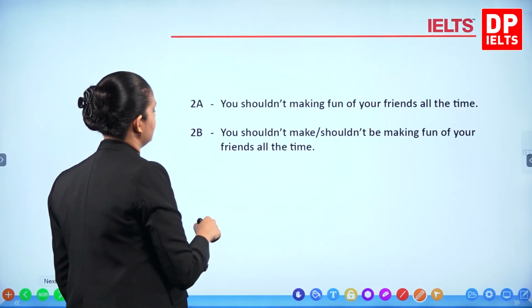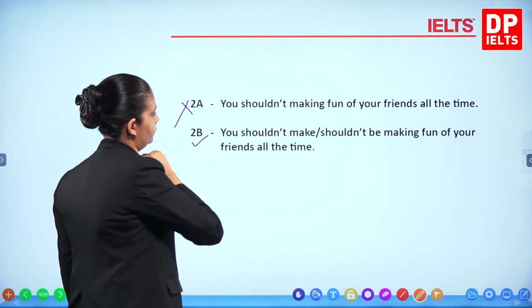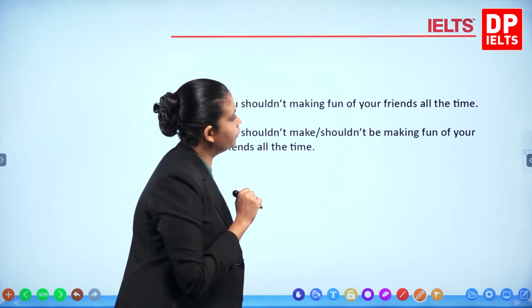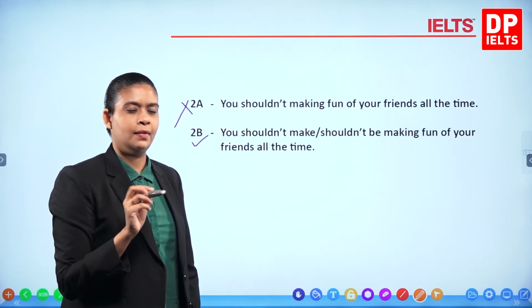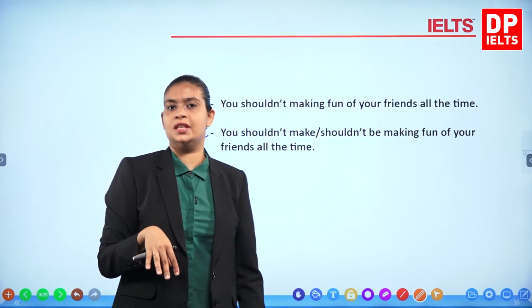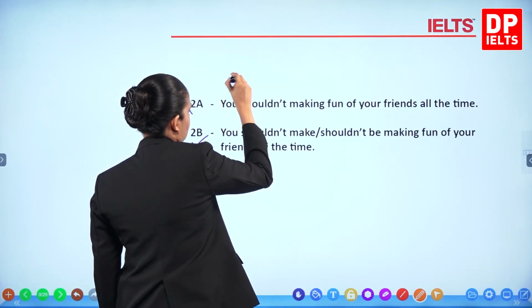Let's have a look at the second one. Why is this correct? Why is this wrong? You shouldn't making fun of your friends all the time. Now this is like the present participle. If you're using the present participle, what is the structure?